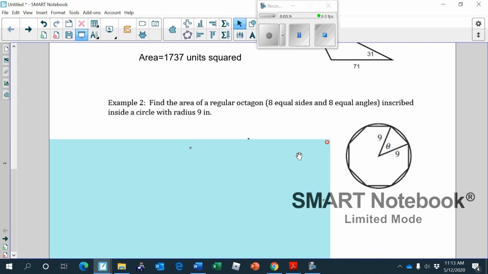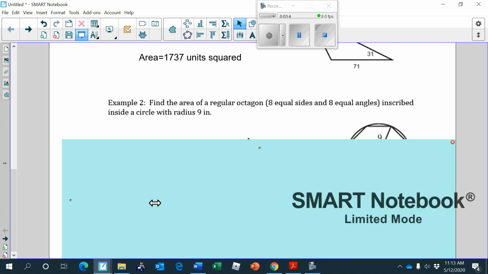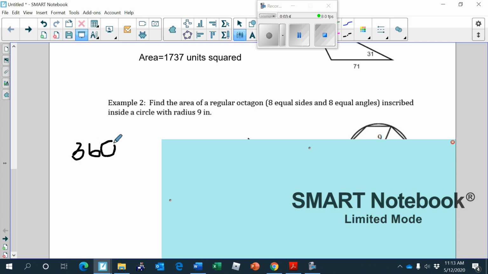No problem. We know that this octagon is inscribed in a circle. That just means it's inside a circle, right? So I know that a circle has how many degrees? Very good, 360. So I'm going to divide 360 by 8, because 8 triangles are going to fit in there since it's an octagon.